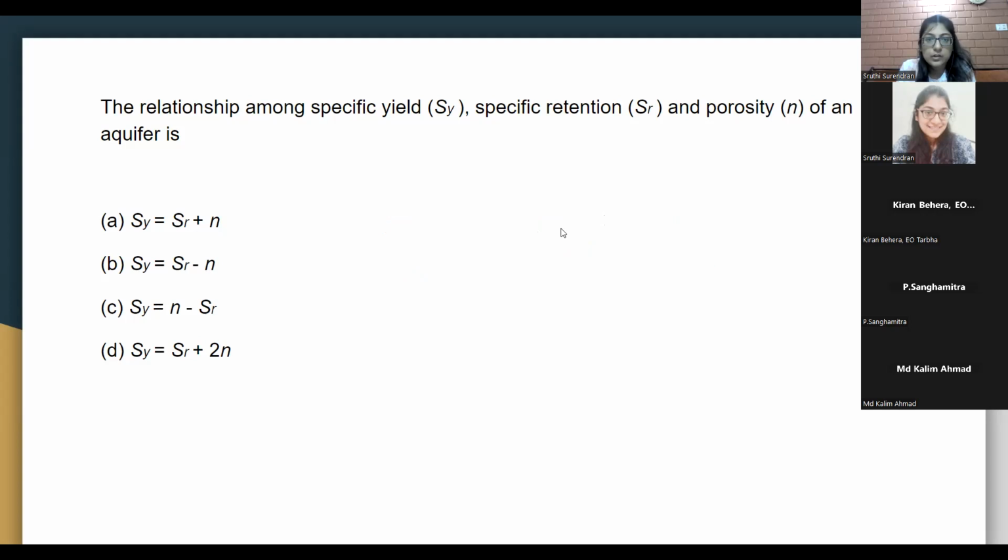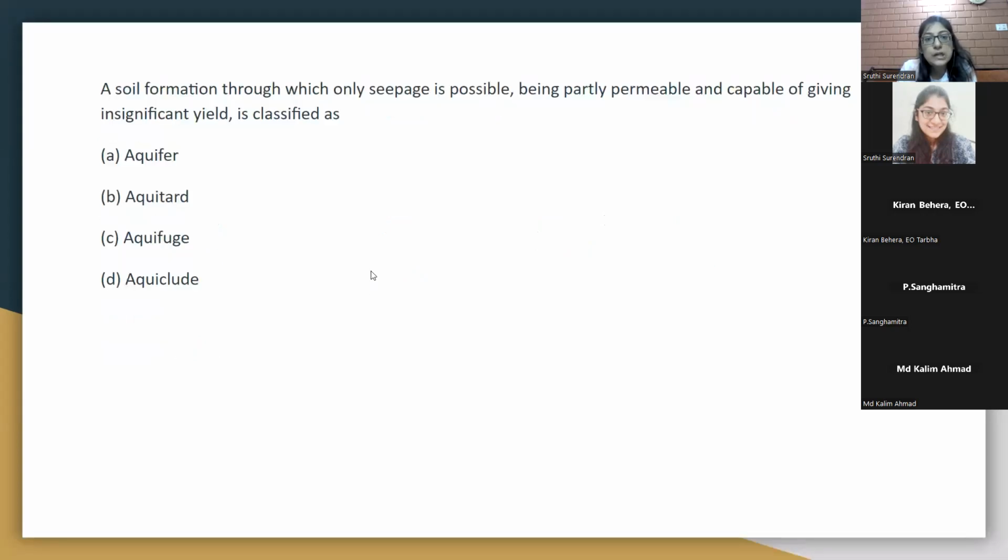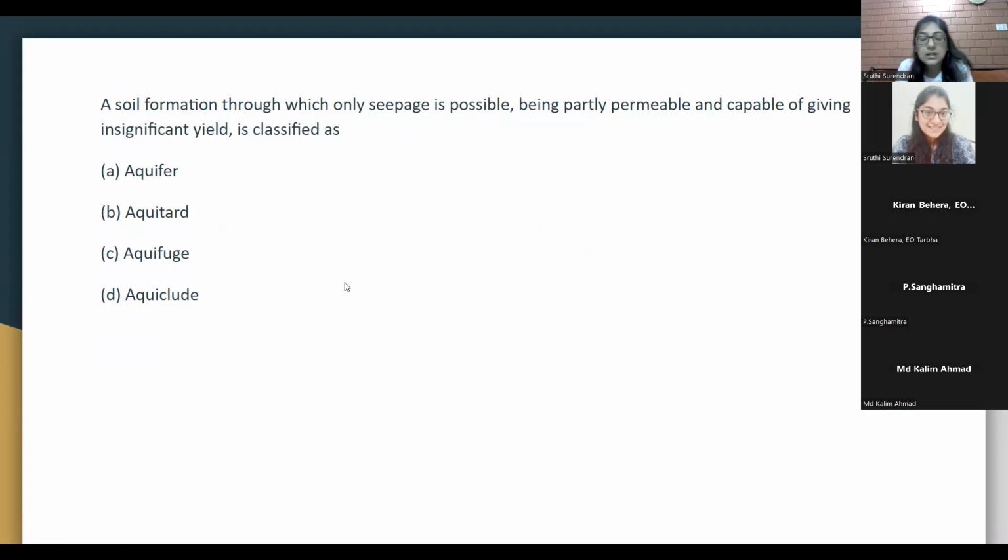Okay, now moving on to the next question. A soil formation through which only seepage is possible, being partly permeable and capable of giving insignificant yield, is classified as what? We had seen a few classifications: aquifer, aquitard, aquifuge, and aquiclude. If you know the definition of each, you will be able to answer this.